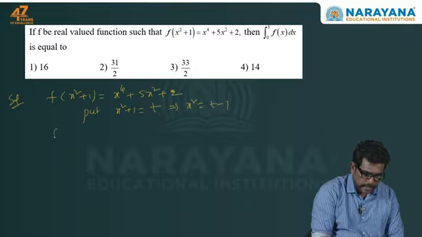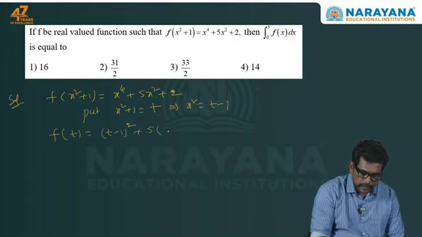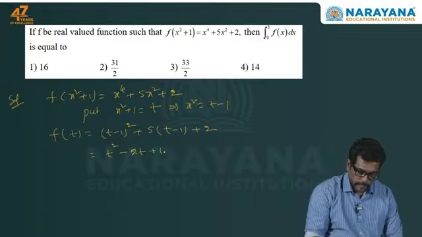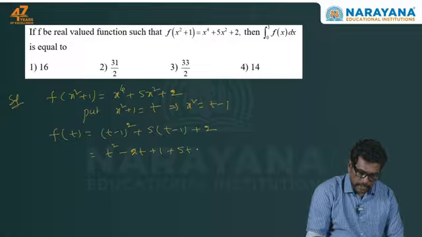Now I am using this. f of t is equal to x to the power of 4, which means (t minus 1) whole square, plus 5 times (t minus 1) plus 2. Now the simplification of this one: t square minus 2t plus 1 plus 5t minus 5 plus 2.